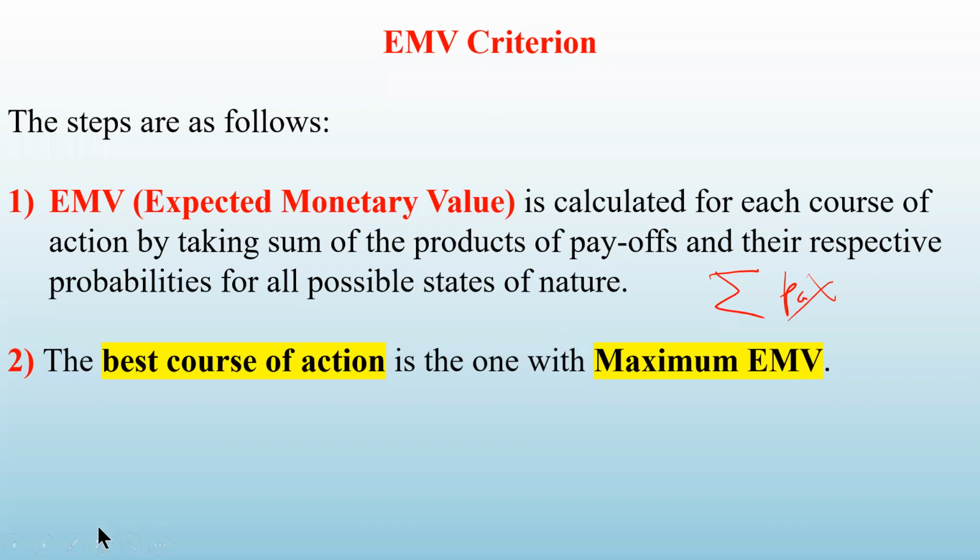So we take the summation of the product of payoff and their respective probabilities, where product means multiplication, and calculate EMV. In the next step, the course of action with the maximum EMV is the best course of action. Wherever the EMV is highest, that is the best course of action.